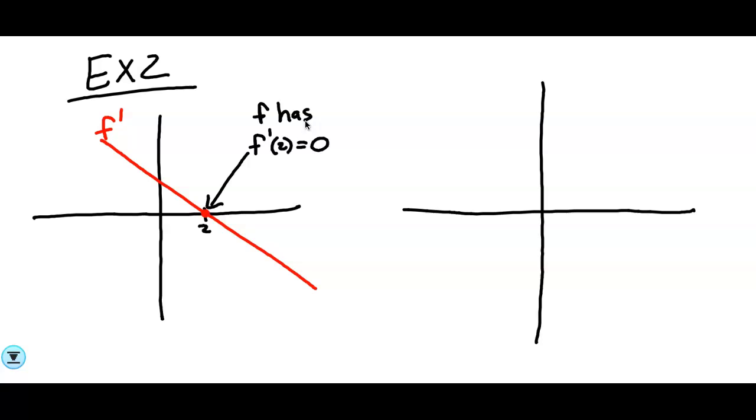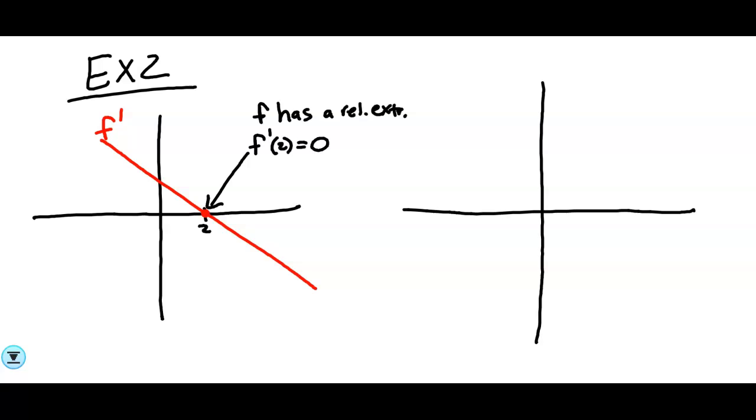It has a relative extrema. Not always. I want you guys to be aware, just because f prime touches that x-axis, that means f prime equals 0 for sure, which means it's definitely a critical value. But remember, just because it's a critical value doesn't mean necessarily it's a relative extrema. It could be. And I'll show you how you can know that in just a second.